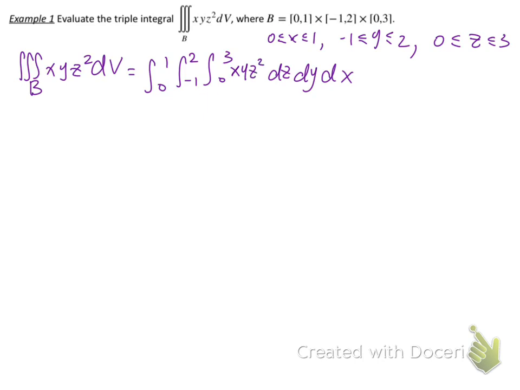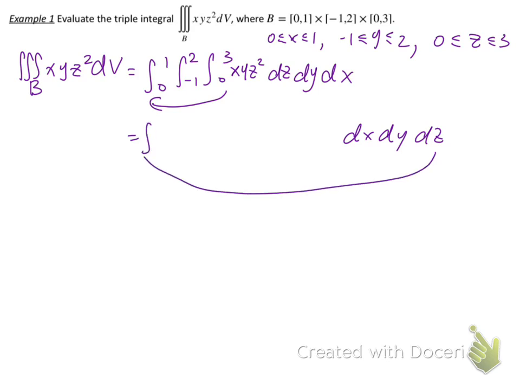Or if you prefer dx, dy, dz as the regular way, then you will need to do this backward. You will have the integral with z from 0 to 3, then y from -1 to 2, then x from 0 to 1, then xyz squared.